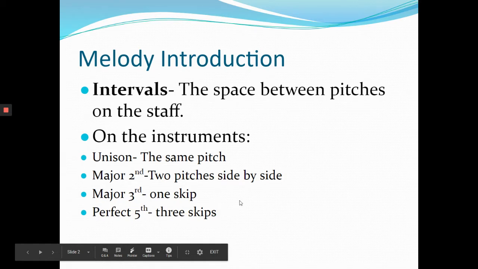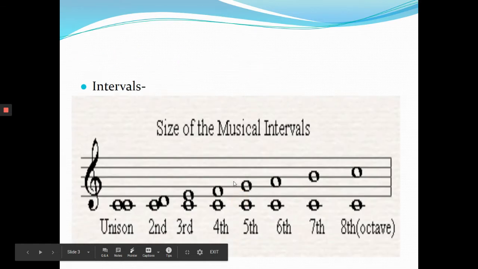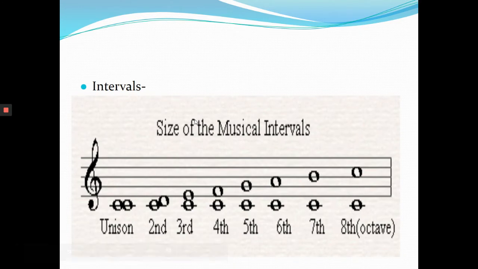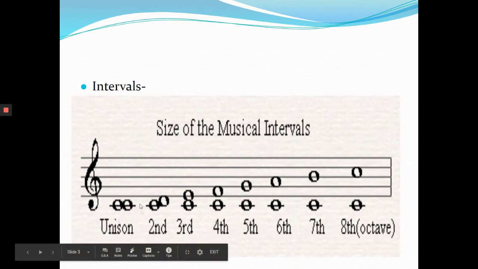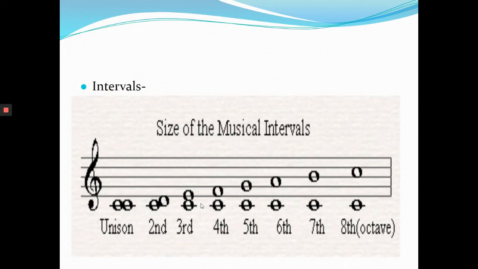Moving on to the next slide, here is a diagram of all of the intervals using the C major scale. If you look, you see unison, they're right next to each other. Second, you've got one here, one above. Third, and as you see, they get bigger and bigger.